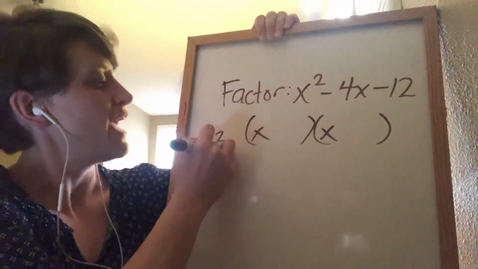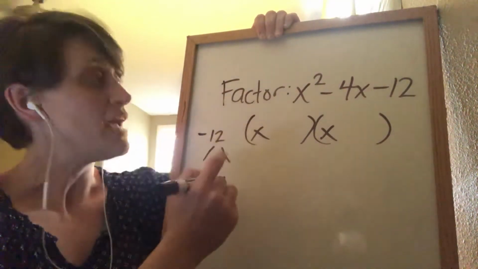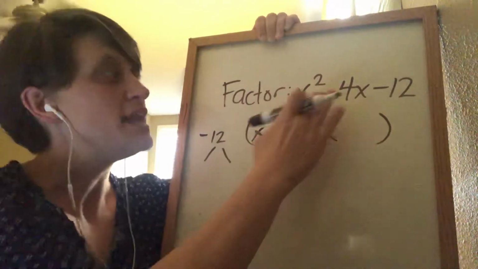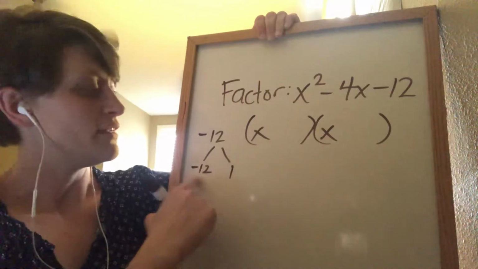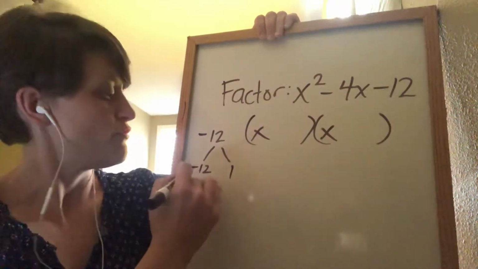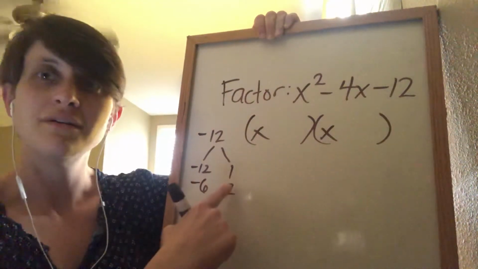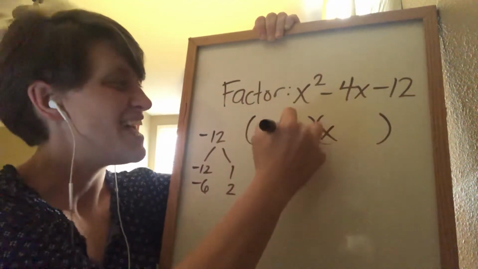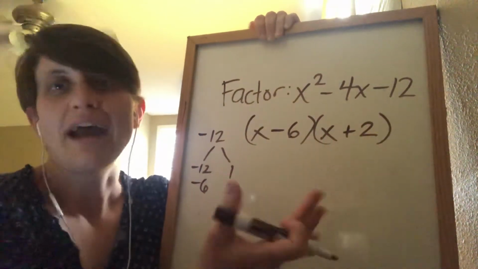They're going to have different signs because their product is negative, and the bigger number is going to have to be negative because the sum is negative. We can run through them all just for fun. These don't make -4. These do. So these are going to be our numbers: x minus 6, x plus 2. So we factored it.